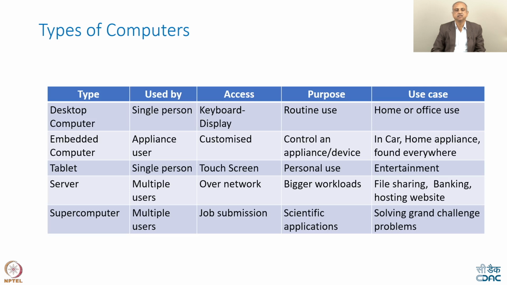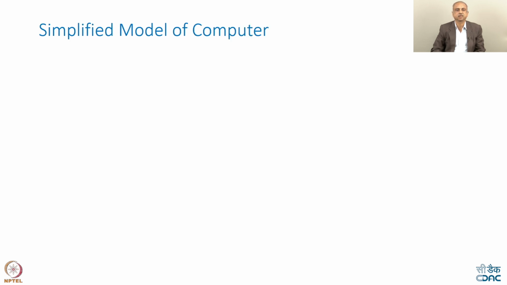We have already seen in the previous lecture that a supercomputer again has multiple users. However, the users have to submit jobs, which are typically scientific applications, and these scientific applications are targeted towards solving grand challenge problems.